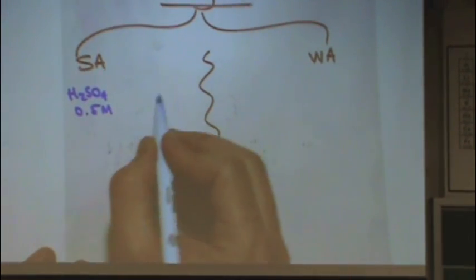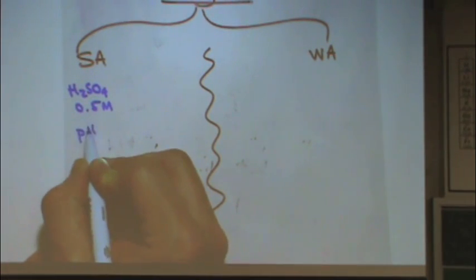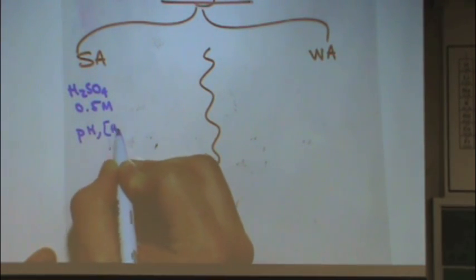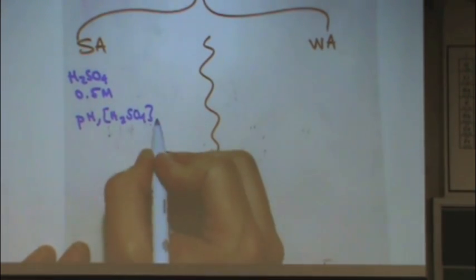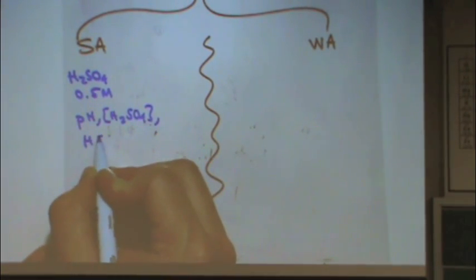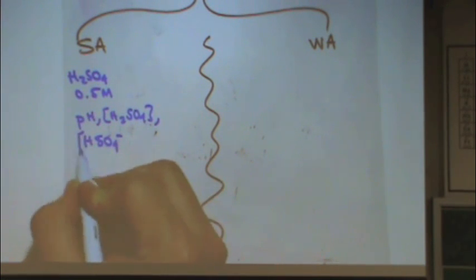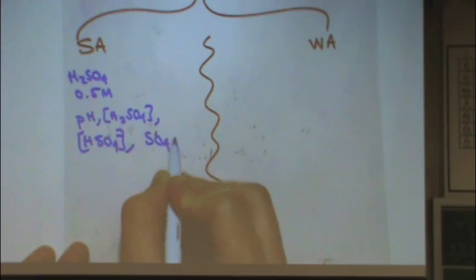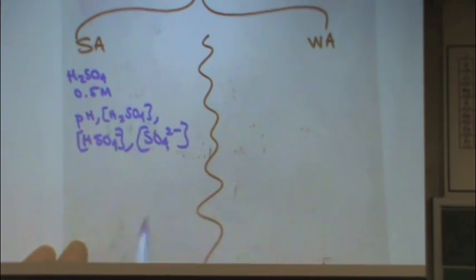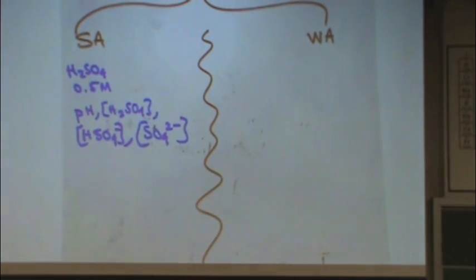And then what I would typically ask for is the pH, the concentration maybe of H2SO4 itself after the reaction occurred, the first loss of the proton concentration, and then the second loss of the proton. So equilibrium concentrations and pH. Okay. In contrast, let me write down a weaker acid.